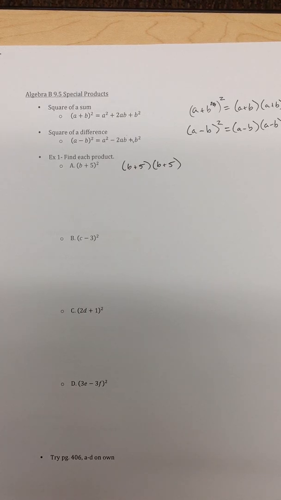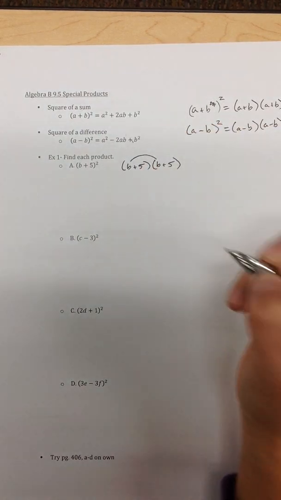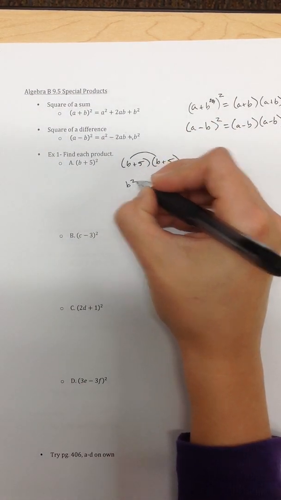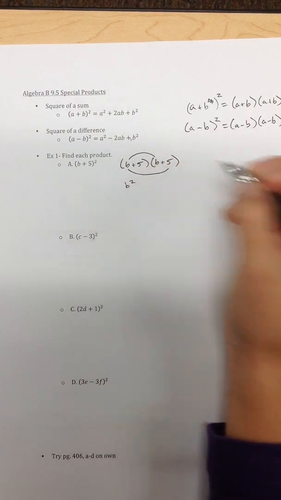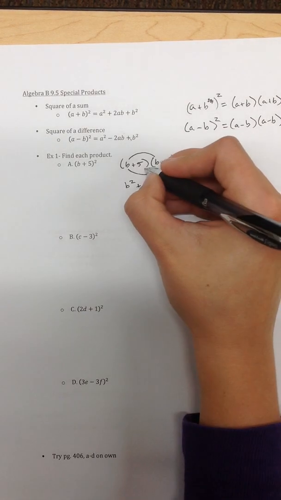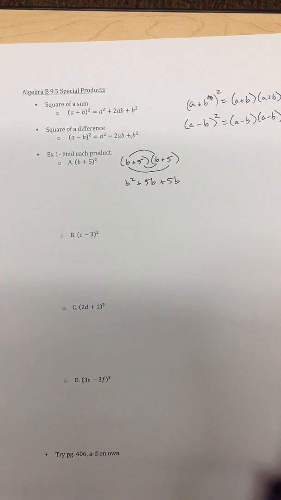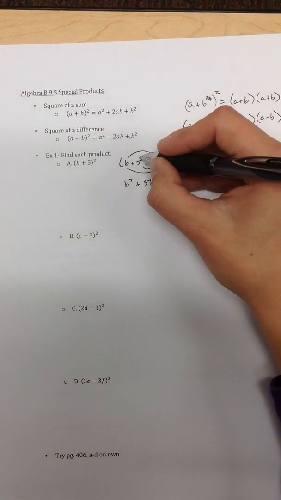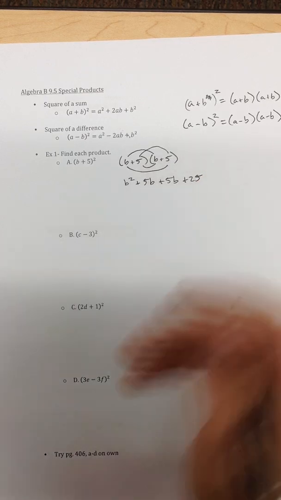So b times b is b squared. That was first. Outside is b times 5, so 5b. Inside would be 5 times b, which is also 5b. And then our last would be 5 times 5, which is 25.